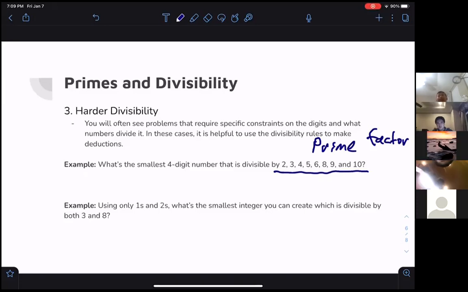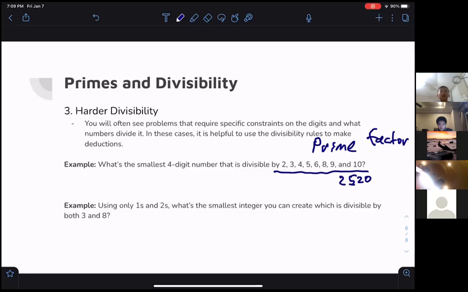Well, 1080. Something that I kind of memorize is that the LCM of 1 to 10 is 2520, so it's like 8 times 9 times 5 times 7.